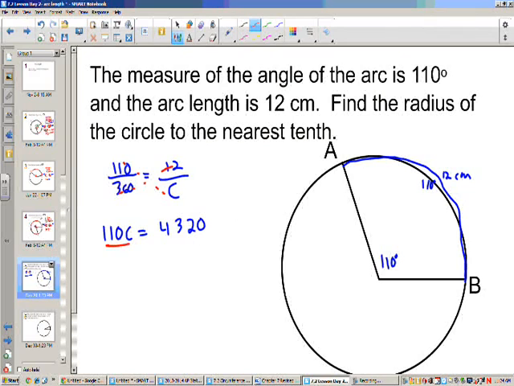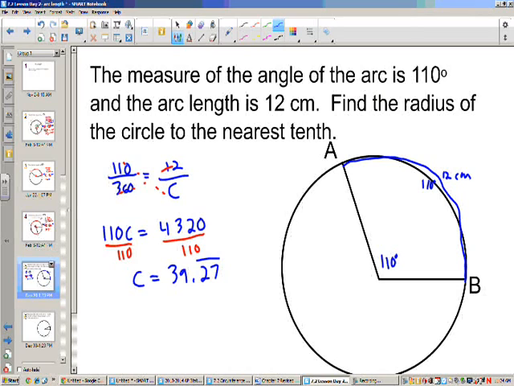Now I divide both sides by 110, and I get 39.27 repeating. So now I just found my circumference.